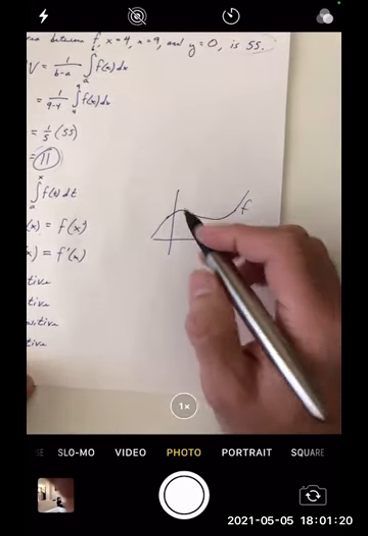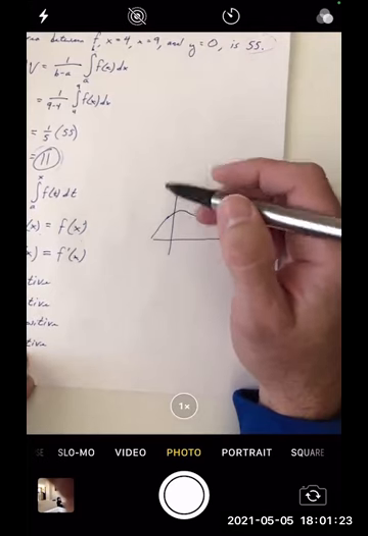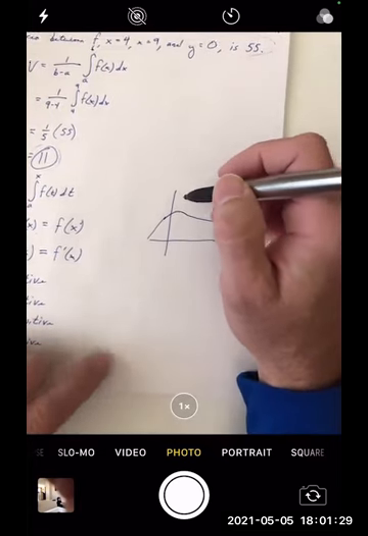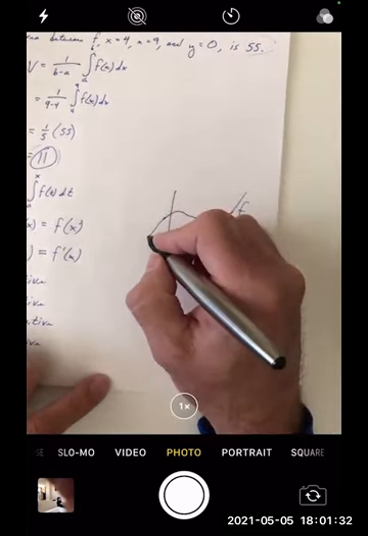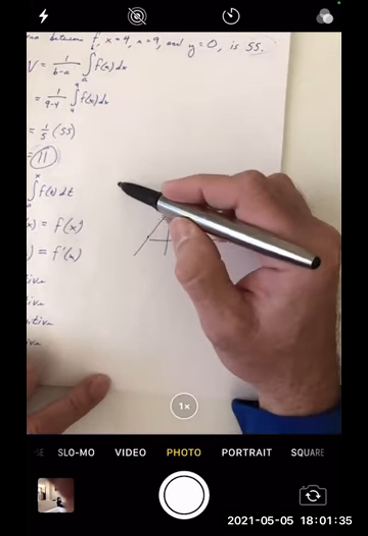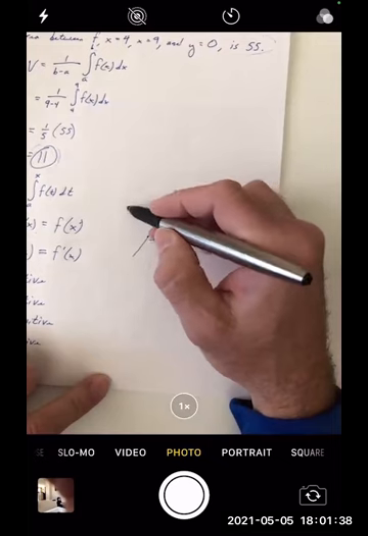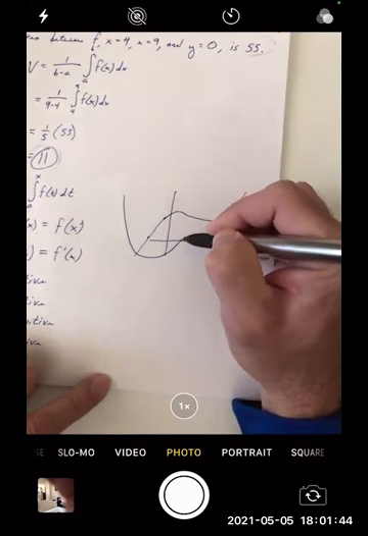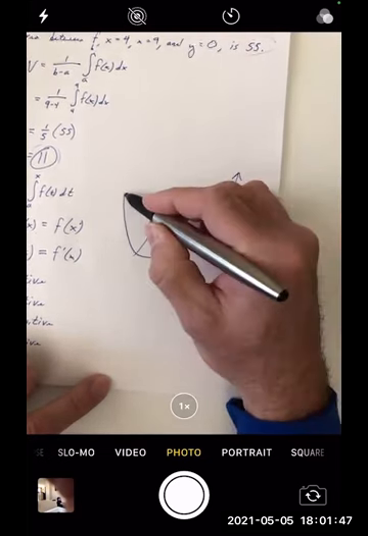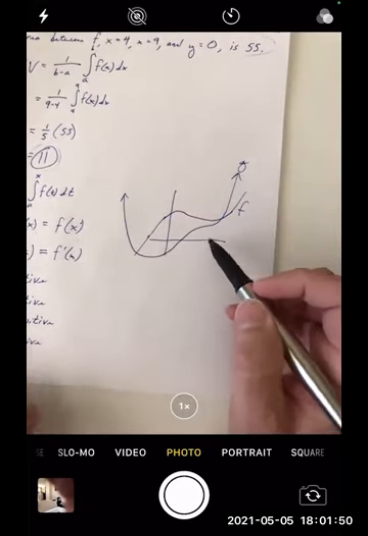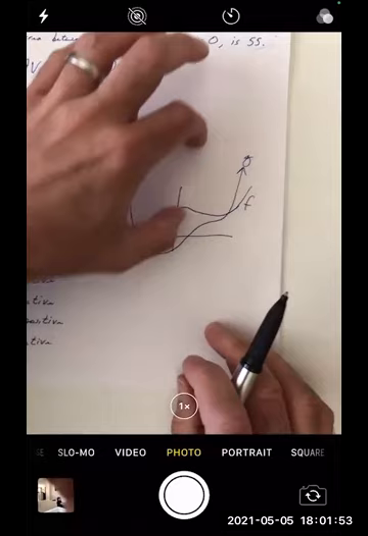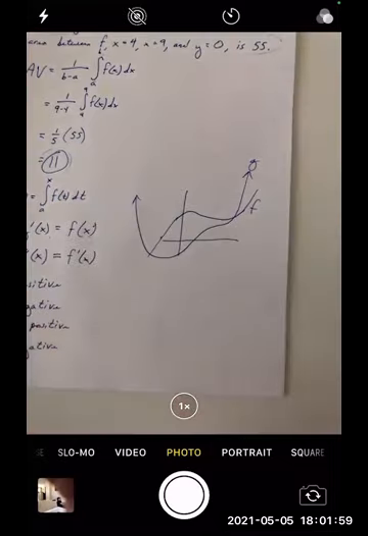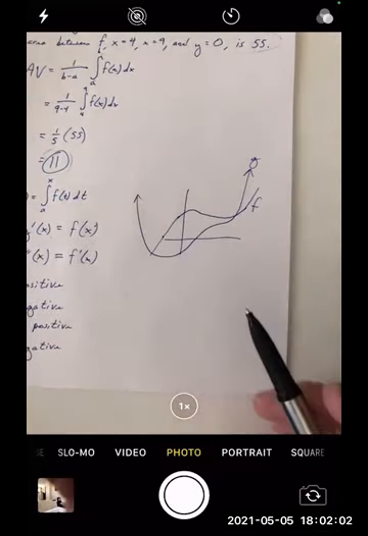G is going to be a fourth degree, so it's going to be like a W. It's going to be something like this, but again, we're not really going to know a whole lot about G, because I don't know exactly how far up or down it's going. So it could be slid up, it could be slid down, because I don't know any points.